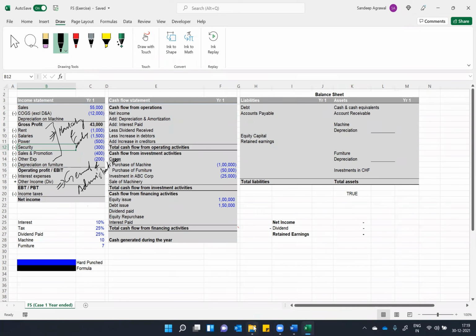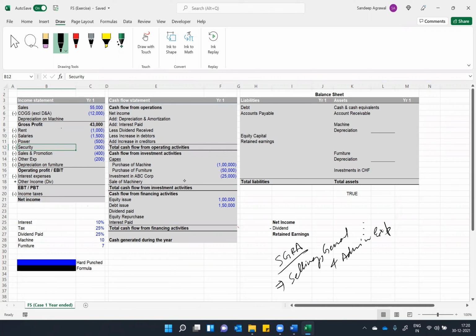As we showed you in the previous classes, in the previous recordings, the standard line item that we use is either marketing and sales or general and administrative. We also sometimes use the word SG&A, which is selling, general and admin expenses. But here in this case, we have categorized each and every line item as a separate line item.